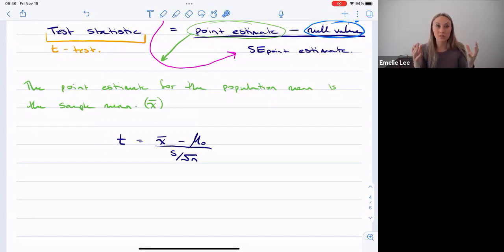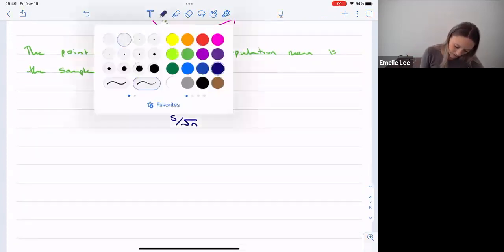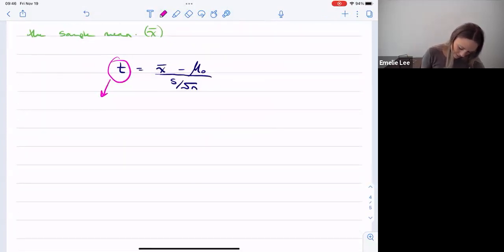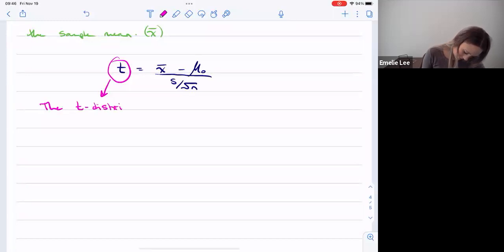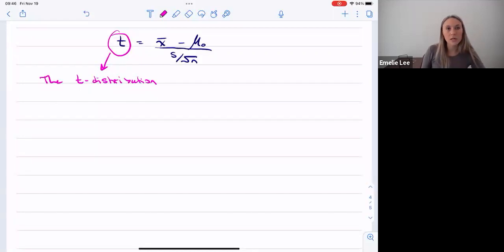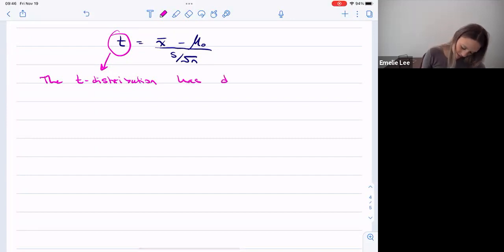has degrees of freedom, just like we saw with the chi-squared test. And so what's different about the t distribution is that the t distribution has n-1 degrees of freedom.